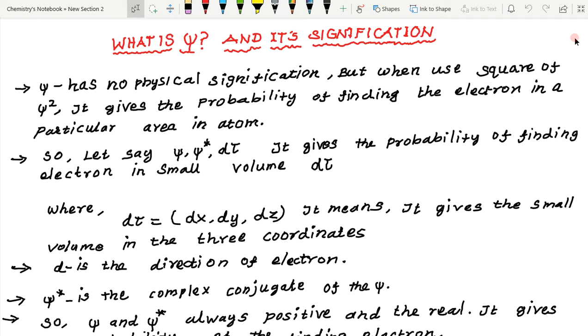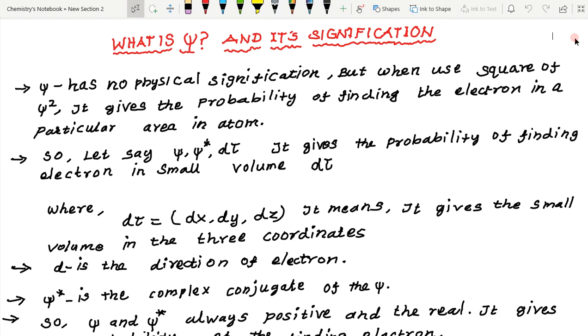What is psi and its significance? Psi has no physical significance, but its square gives the probability of finding the electron in a particular area in atomic orbitals.